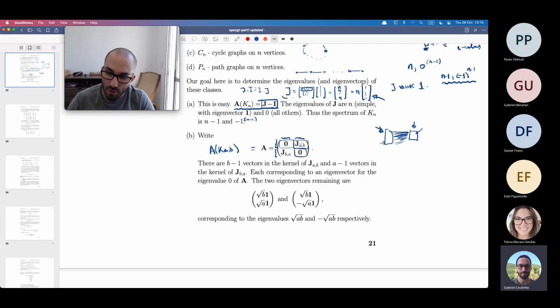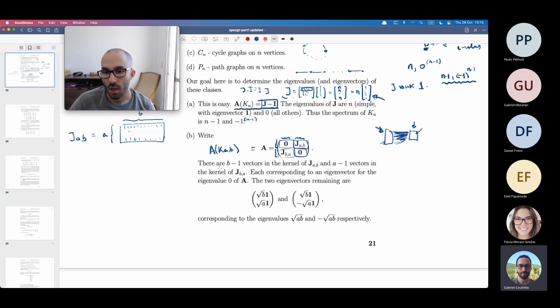A block of 1s of dimension A by B, which I'm denoting by J_AB. So I'm using the notation that J_AB means that you have A rows, B columns, and you have 1s everywhere. So because there are all edges between these guys, you have 1s everywhere. Everything on the left is a neighbor to everything on the right. And then, of course, here you have the transpose, which has a different shape. So B rows and A columns.